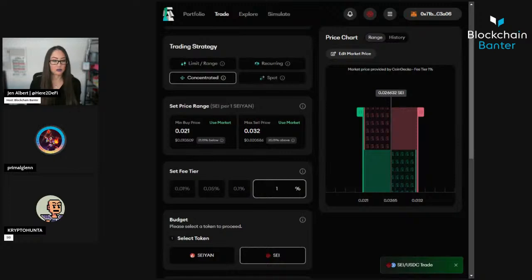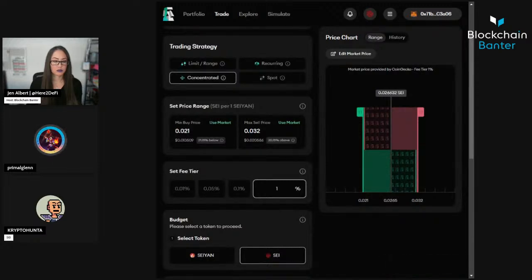Also, you can do two concentrated liquidity strategies on Carbon. You can split your funds. You might say, I think this token pair is going to trade in this very tight range for the majority of the time, so I'm going to provide maybe 60% of my liquidity in this tight range. And the other 40%, I'm going to make available across a wider range.